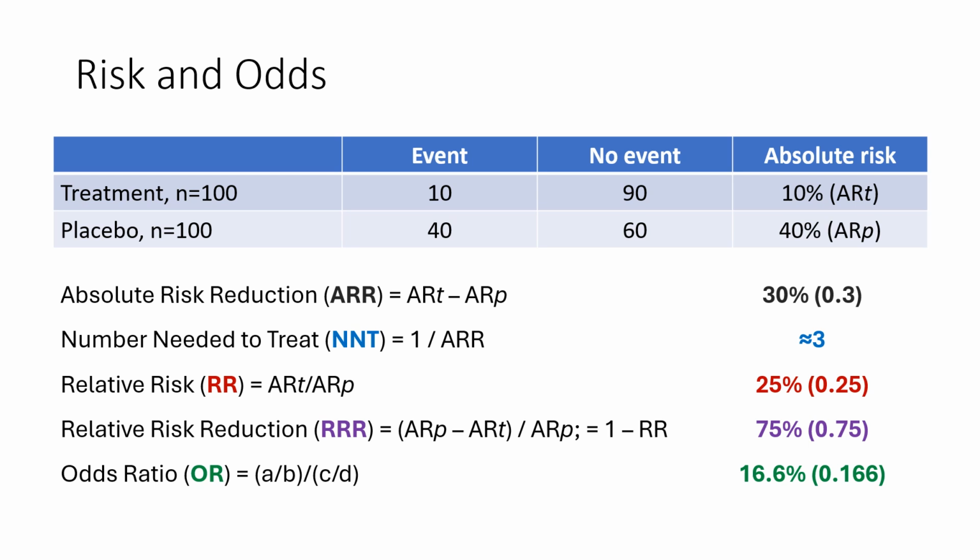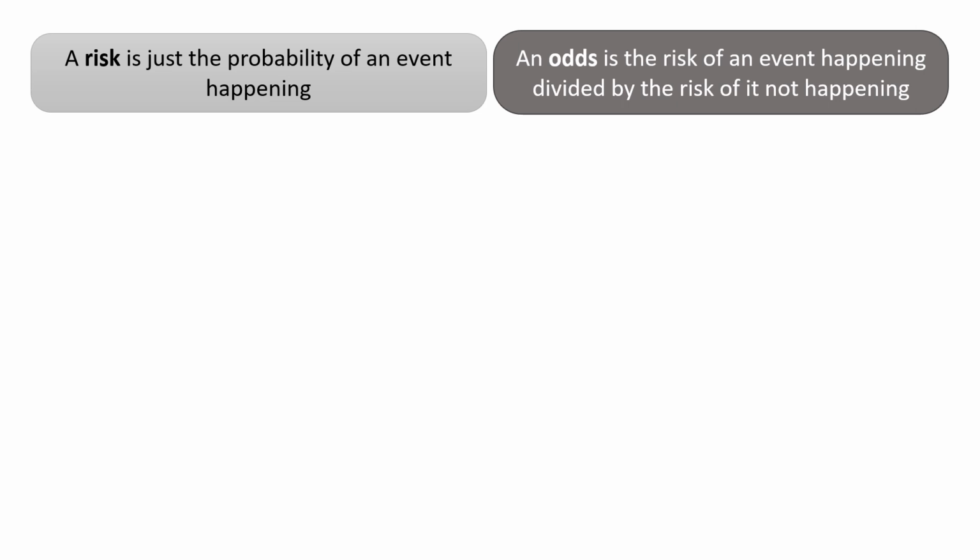Let's see how it's calculated. First, we have to make this distinction between risk and odds. Risk is just the probability of an event happening. And odds, on the other hand, is the risk of an event happening divided by the risk of it not happening.